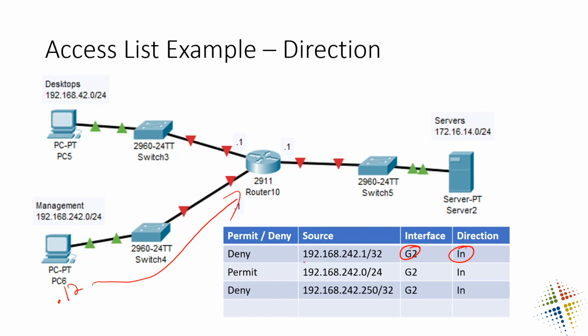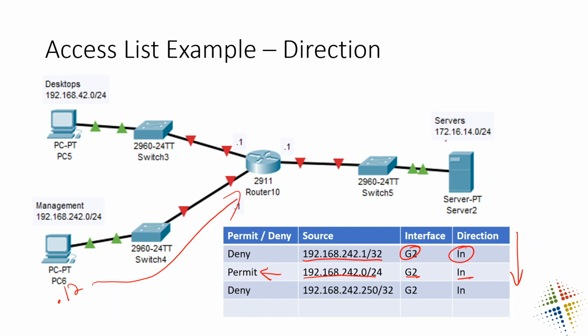And then it says, okay, is this 192.168.242.1/32? And it says, no, that's not the address it's coming from. Remember, we go from top down. Since that's not the address that it's coming from, it says, okay, let's go to the next line. Again, G2 inbound, is this 192.168.242.0/24? And it says, yes. It matches that rule, and therefore I am going to permit this traffic.